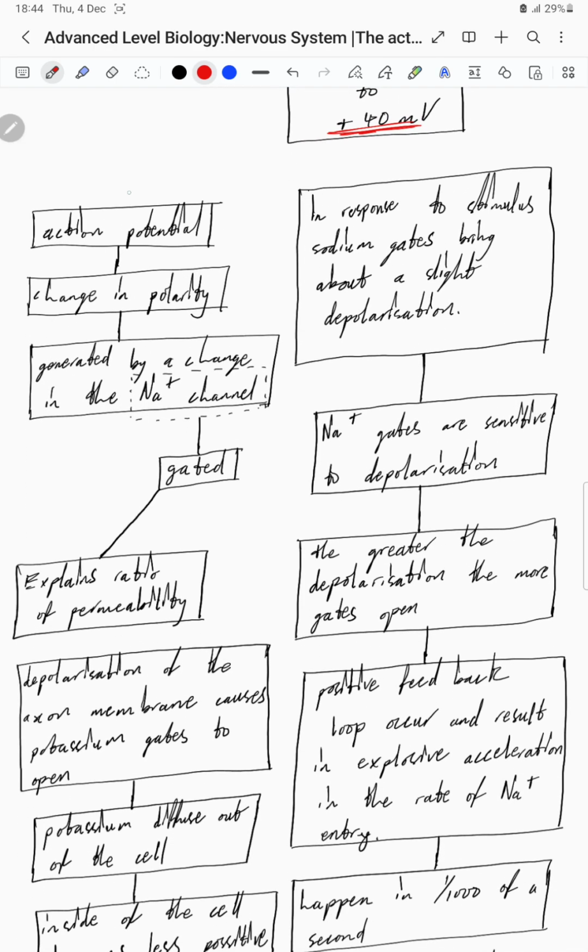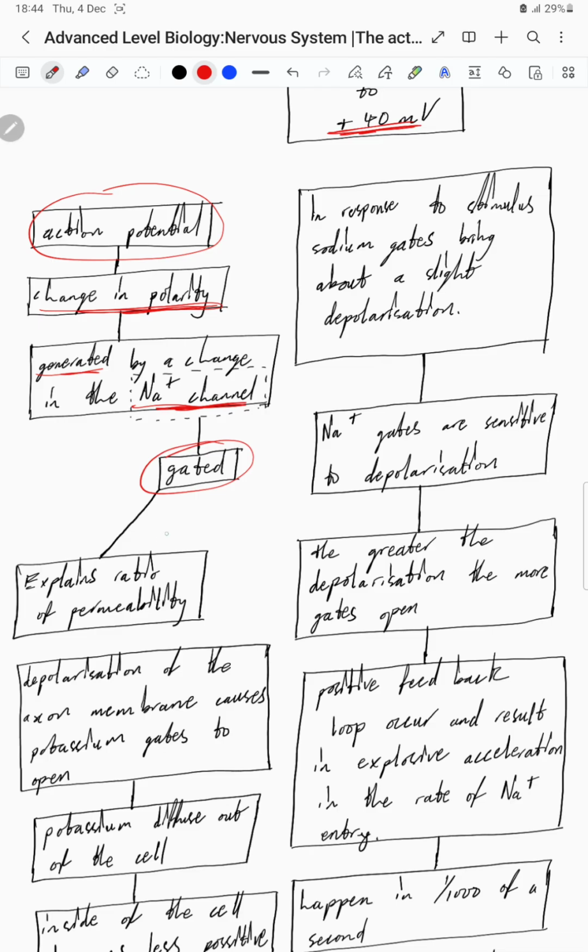So, action potential, this results in the change in polarity, as we have seen. This is generated by a change in the sodium ion channels. These sodium ion channels are gated, which means they can open and close.